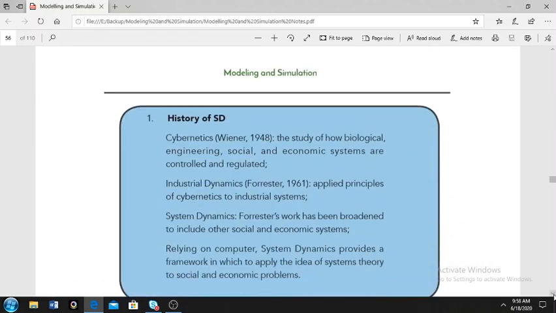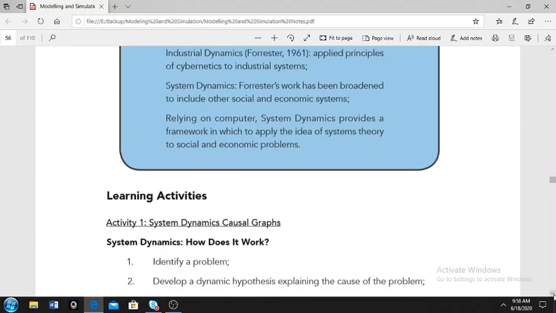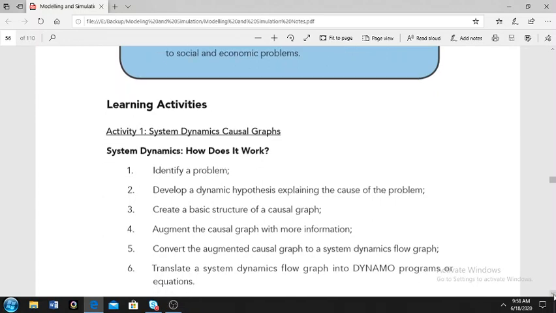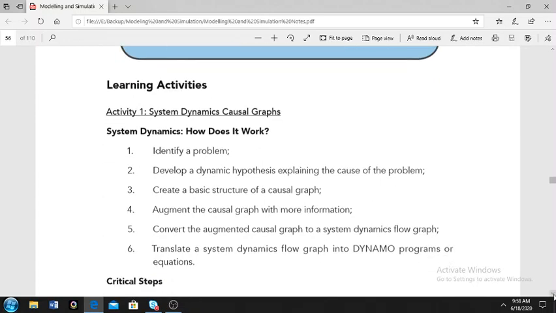So this is the history of system dynamics, so you can learn about it. Now, this is the first activity. In this first activity, we are going to learn about the causal graph, the cause and effect graph.